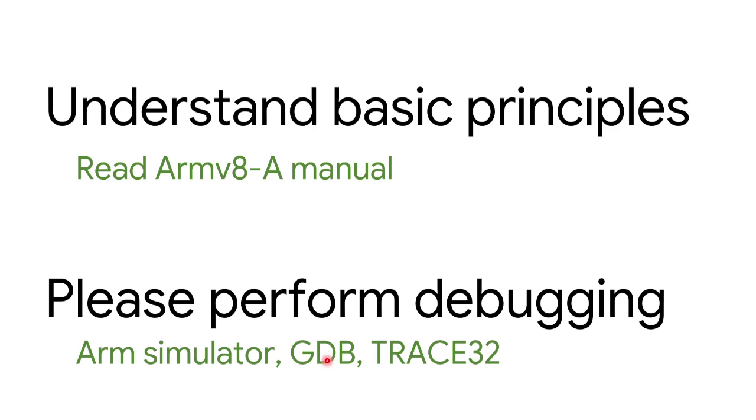If you run the GDB debugger, you can run any assembly instruction while looking at the values of the general purpose registers. Another popular hardware debugger is Trace32, the hardware debugger. If you have a chance to run the Trace32 debugging program, you have a good chance to run any assembly instruction and see how the register is updated.